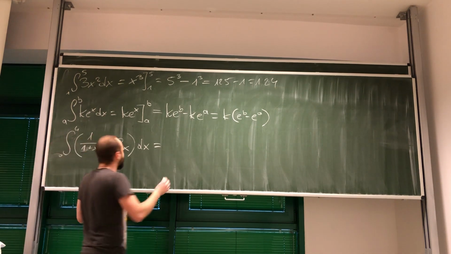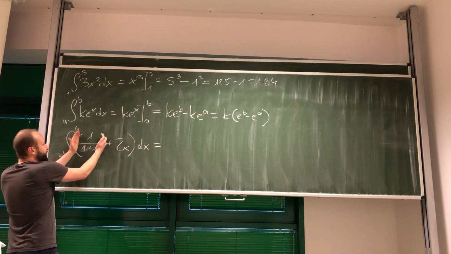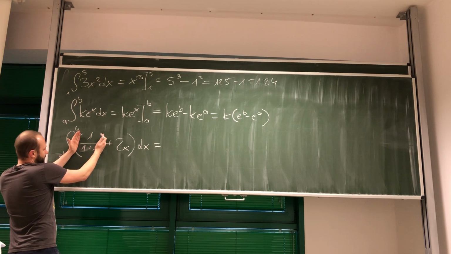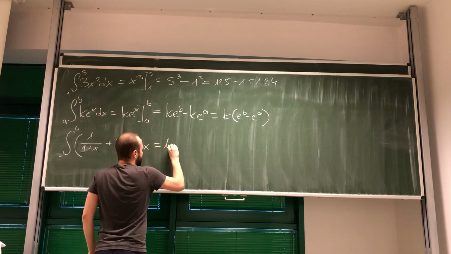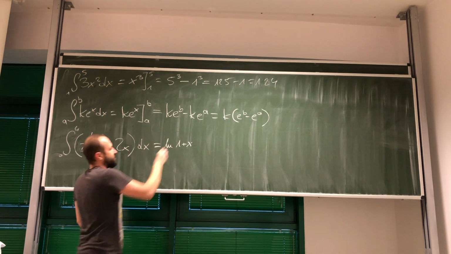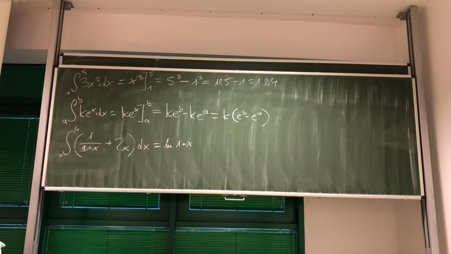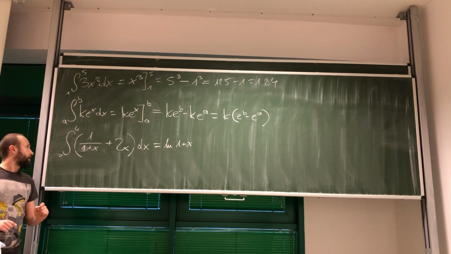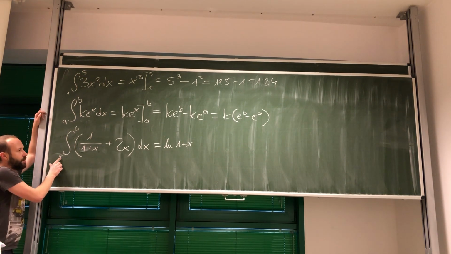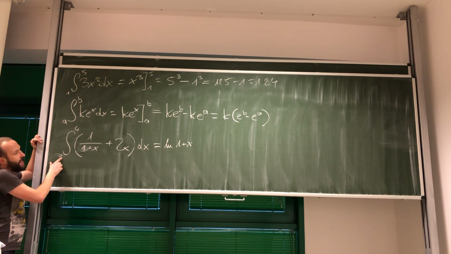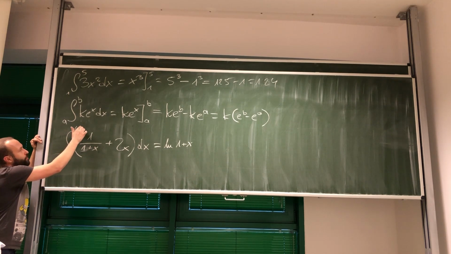Now, so the indefinite integral of this is ln of 1 plus x. Now the question is, do we need to impose absolute value? In this case, no. Why? Because look, here we are starting at 0, right? We're finishing at 4.